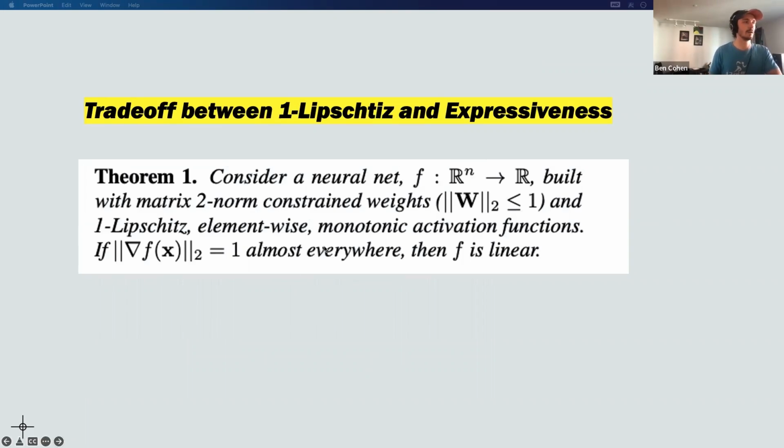So now they have a couple theorems about this. They say that if I have a whole function, a neural network from Rn to R, and the weights are always 2-norm constrained to be less or equal to 1, then the norm of the gradient is 1 almost everywhere, then the whole function f is linear.